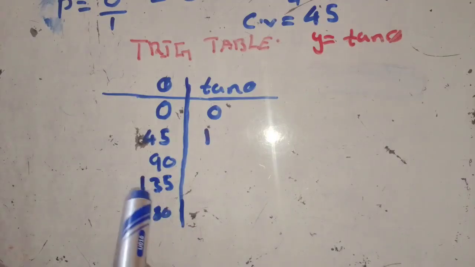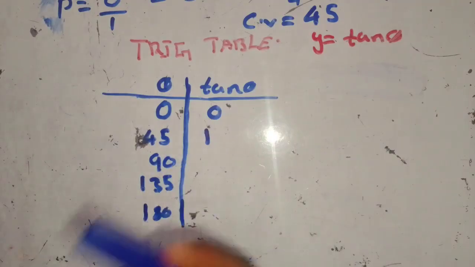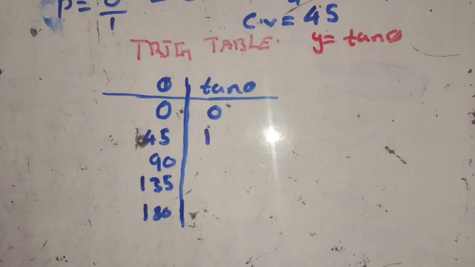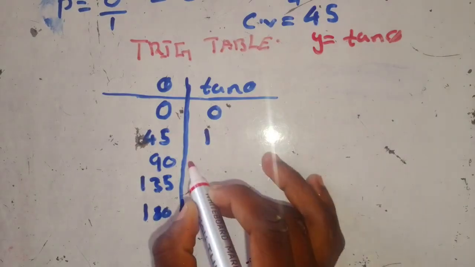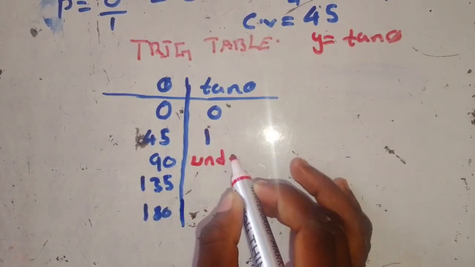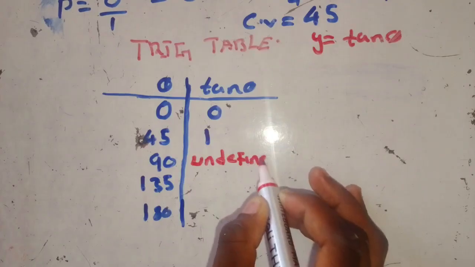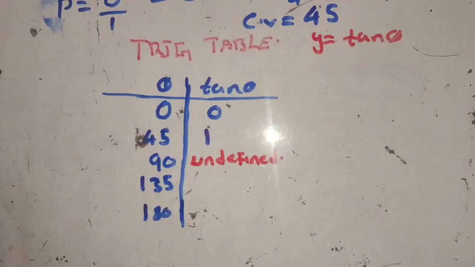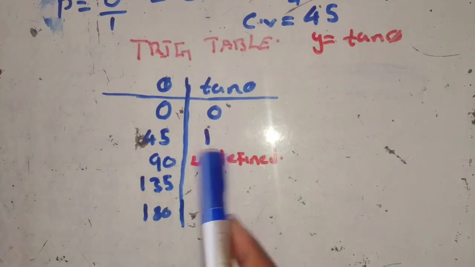So tan 90 will give you math error, and this means that it is undefined.